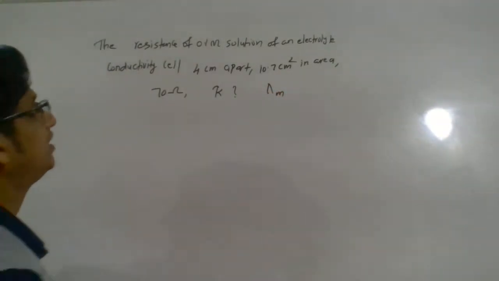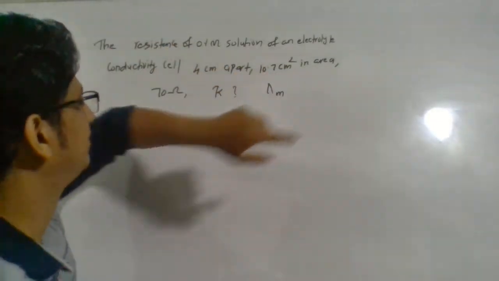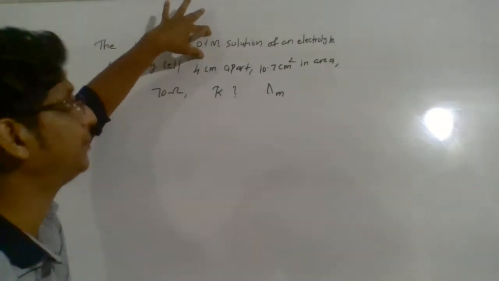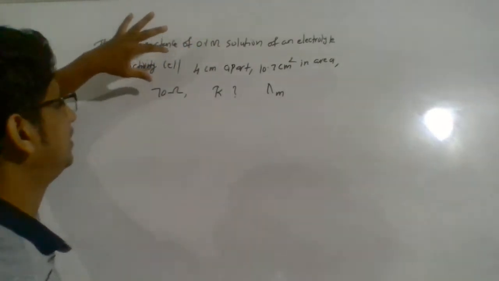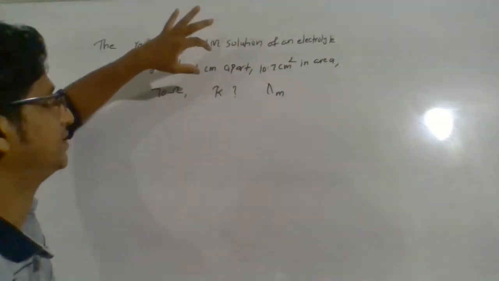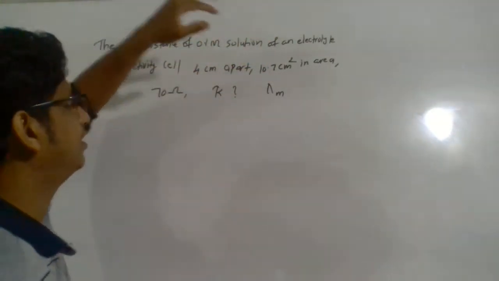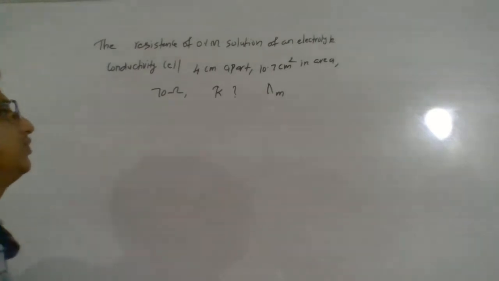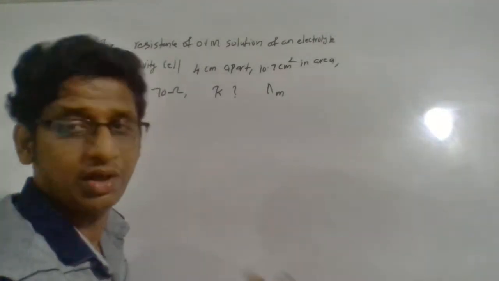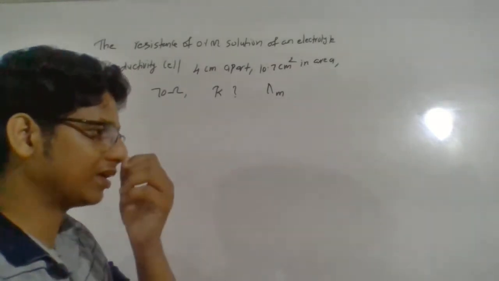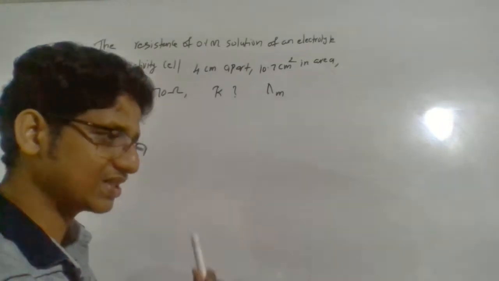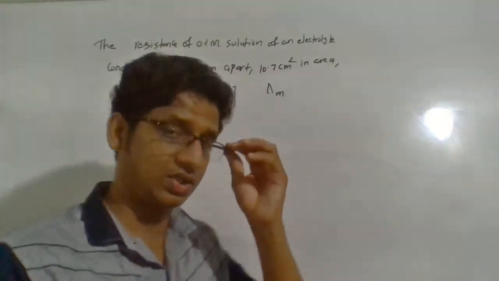What are the data given? Resistance is given as 70 ohm, the concentration of the solution is 0.1 molar, the area A is 10.7 centimeter square, and the length is 4 centimeter. So how can you find the conductivity and molar conductivity? For finding molar conductivity you always require conductivity. So let us try to find the equation.